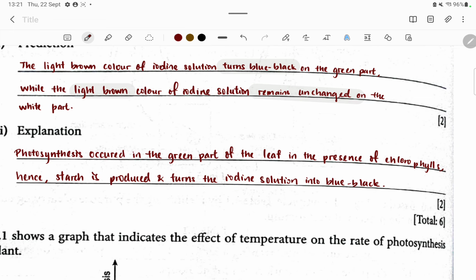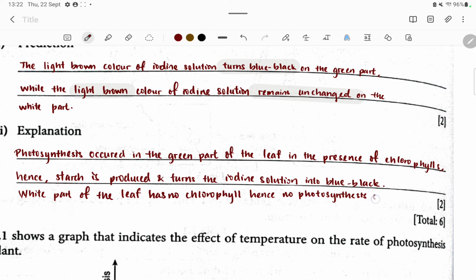Okay, and then after that, you talk about the white part. White part of the leaf has no chlorophyll. Hence, no photosynthesis occurs, or you can say photosynthesis does not occur also can.